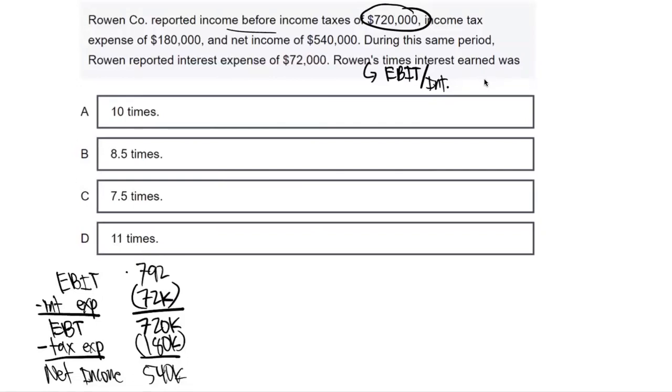Ngayon, pwede nating isolve yung ating times interest earned. That would be 792 divided by 72, which is 11. Correct. Letter D. Okay? So 11.